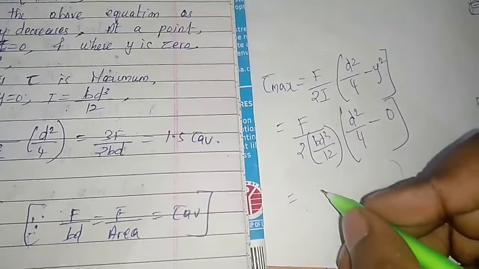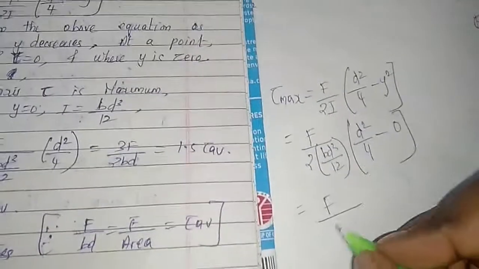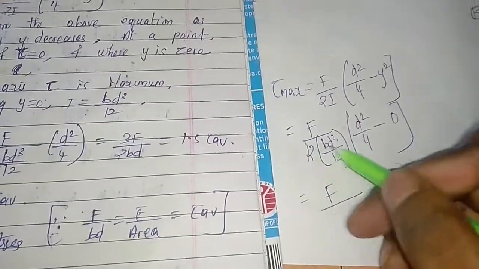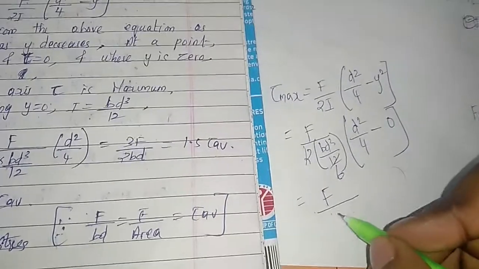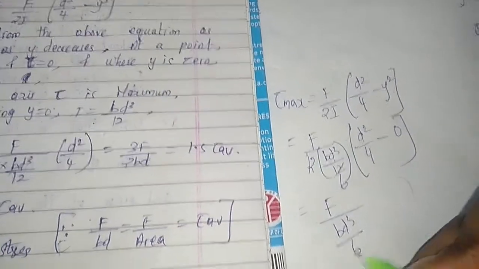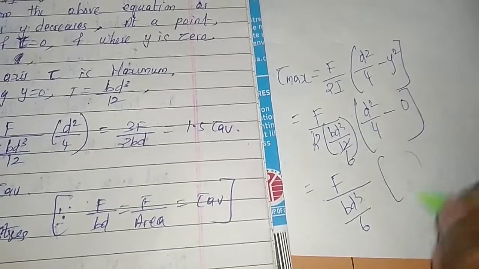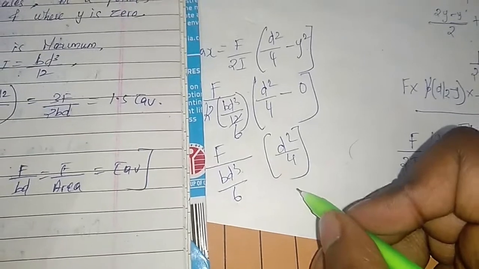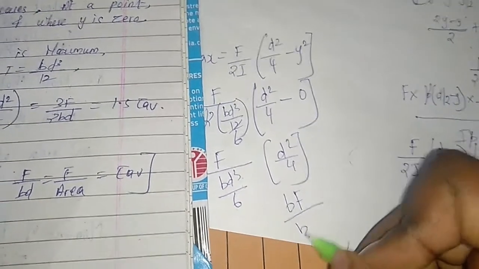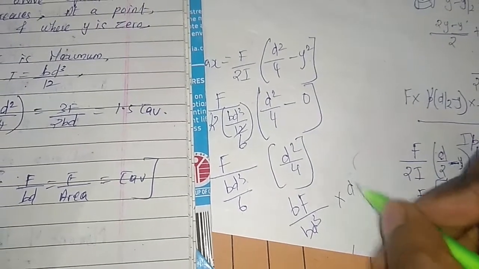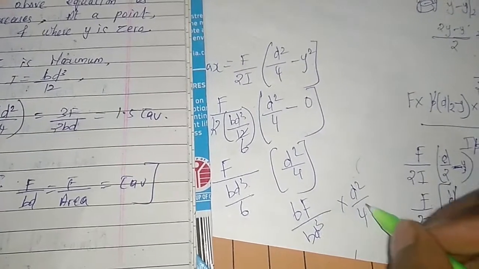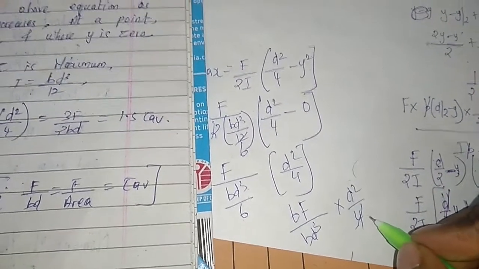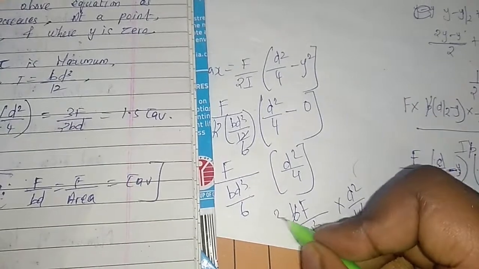So we will do it. This 2 into 6 is 12, so bd cube by 6, into d square by 4. So take that 6 upwards: 6F by bd cube into d square by 4. This 4, 2 twos are 4, 2 threes are 6.